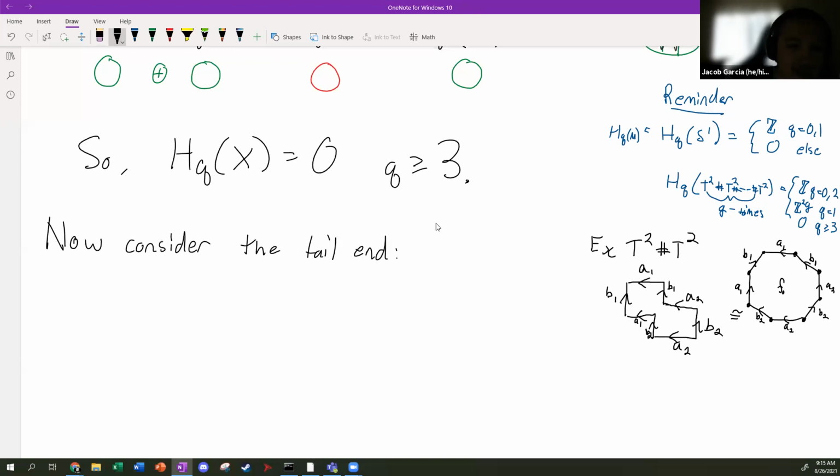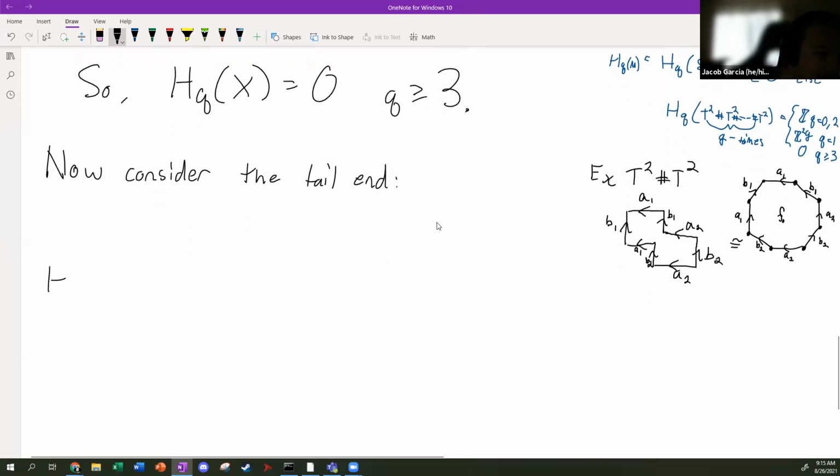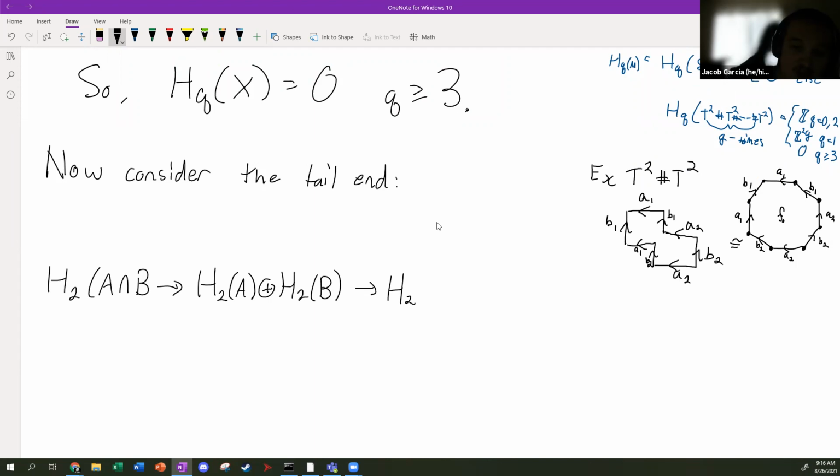So we have that H2 of the intersection goes to H2 of the sum of the components, which goes to H2 of X, which you can think of as the union of the components.